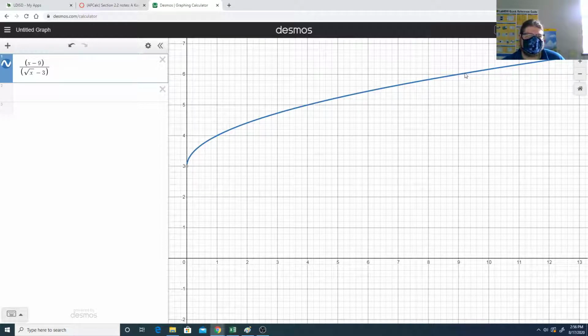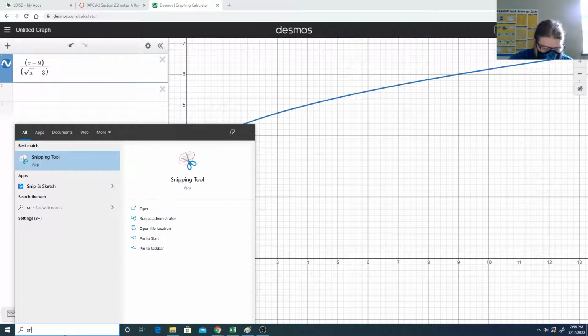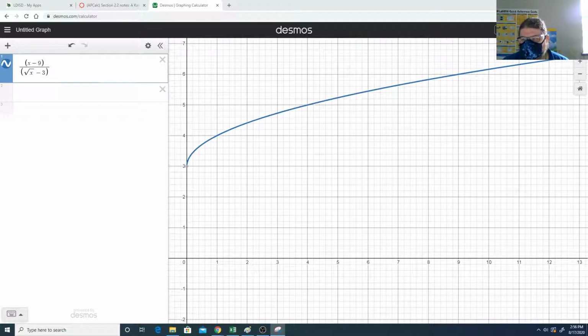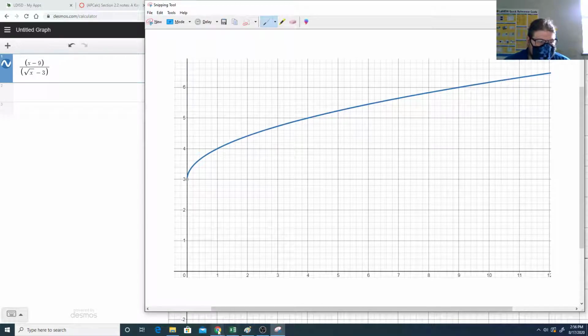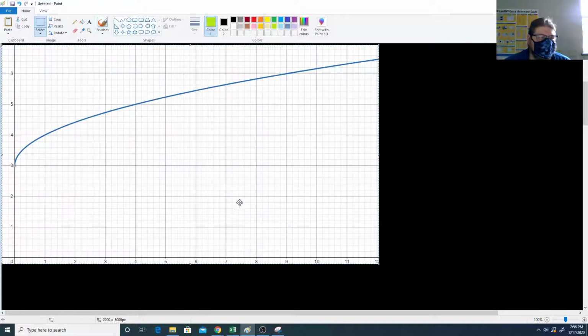So let me grab this and write out what I'm saying. Based on this graph, as we get close to 9, as our x's are pinching down on the 9 down here, we look at the y values.